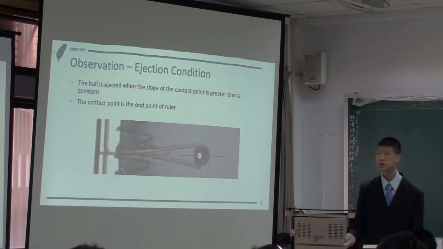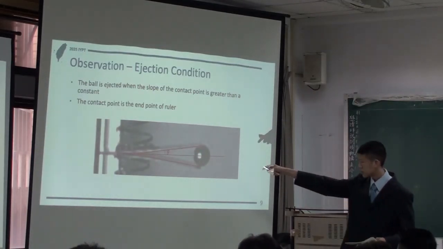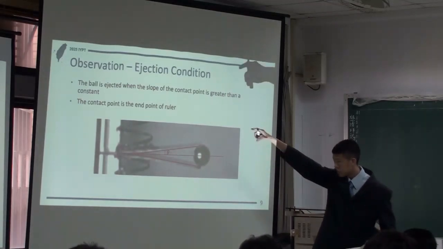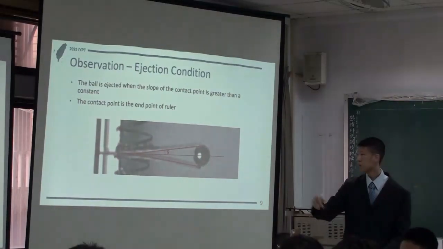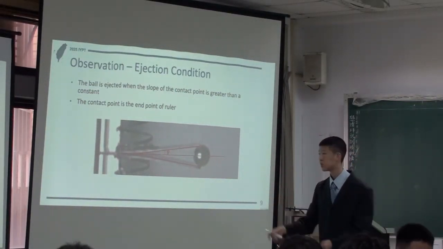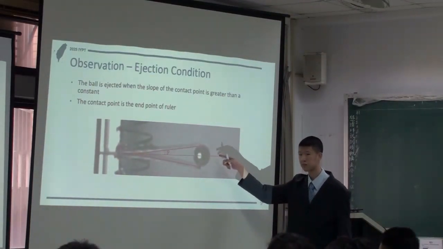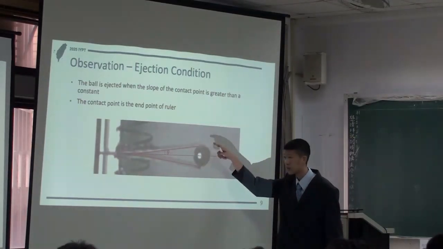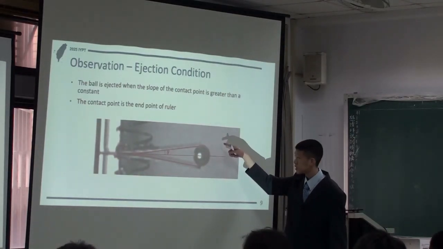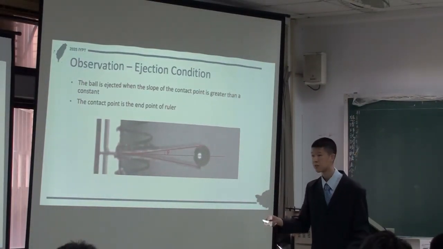So for the observation, we can see the ejection condition: we compress the spring, and when the ball is about to eject, the tangent line of the end point, tangent theta, is a constant.